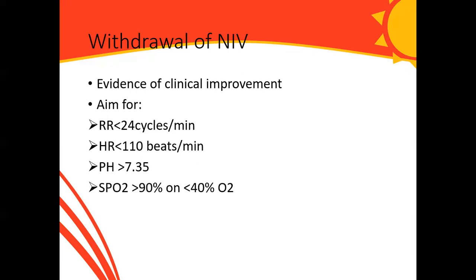So you must aim for a respiratory rate of less than 24 cycles per minute, heart rate less than 110 beats per minute, and pH greater than 7.35. You should be able to achieve SpO2 greater than 90% on 0.4 FiO2. When this is consistent for 2 hours, you may want to withdraw your patient from NIV.